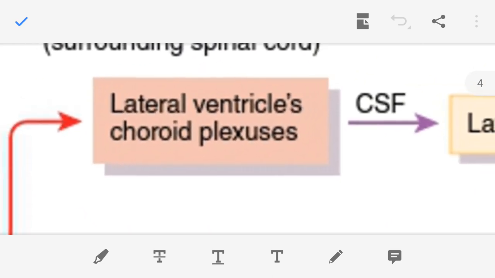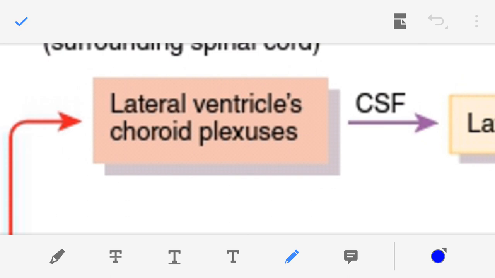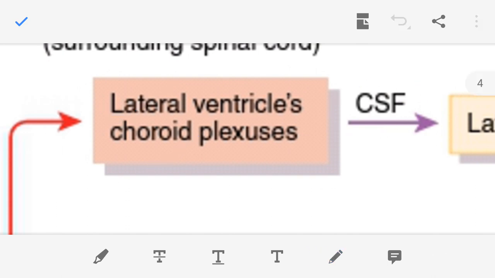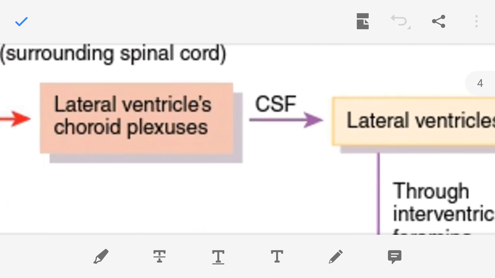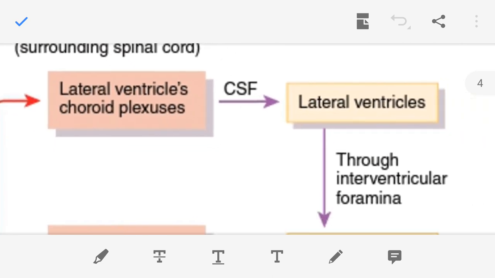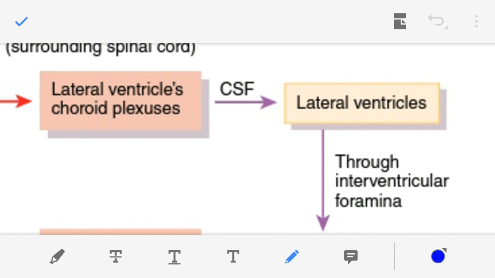So now in the capillary of the choroid plexus of the lateral ventricle, what happened? From blood plasma, CSF is coming out from the capillary. And where is it entering? CSF is entering into the lateral ventricle.